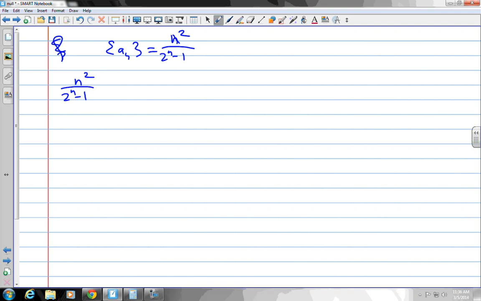For n greater than or equal to 1, n squared stays positive, and 2 to the power n minus 1 stays positive. Do you agree with that? So therefore, n squared over 2 to the n minus 1 is greater than or equal to 0, for n greater than or equal to 1.